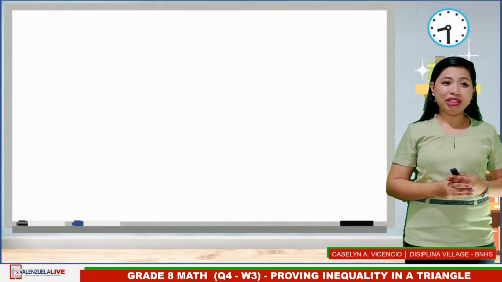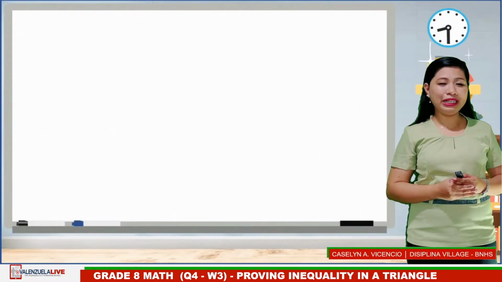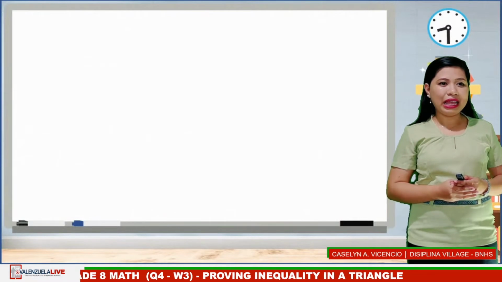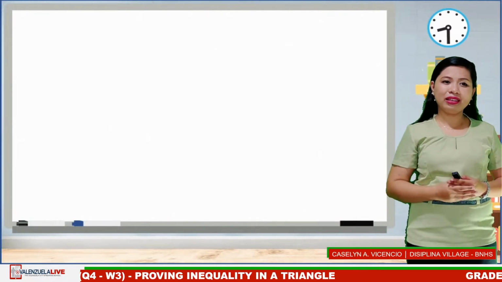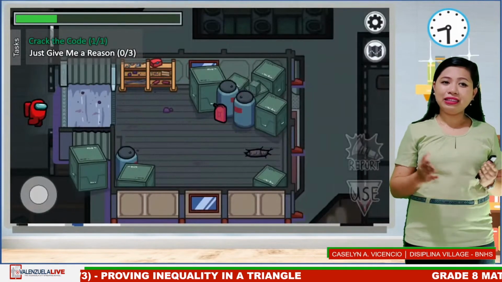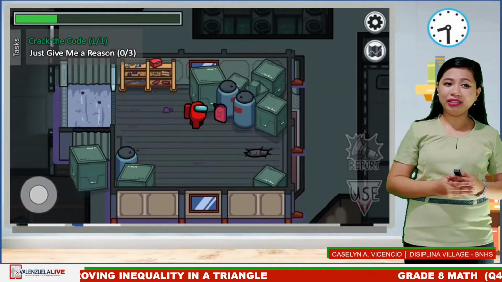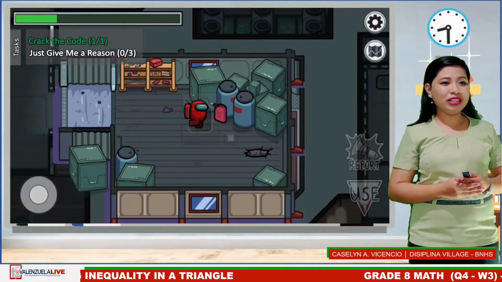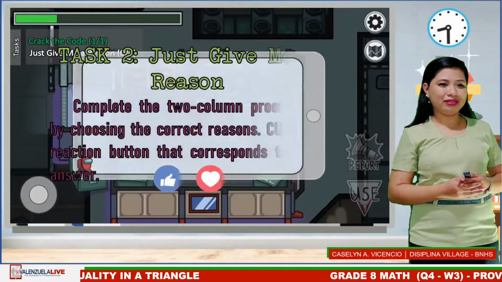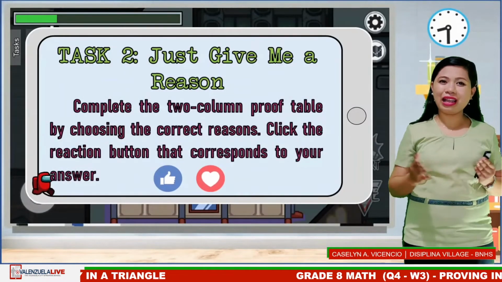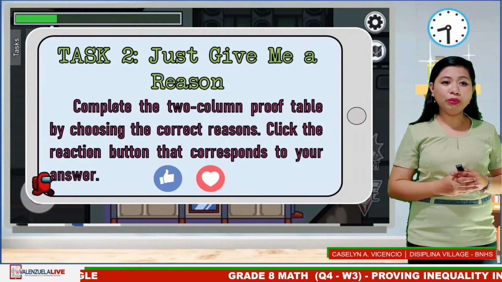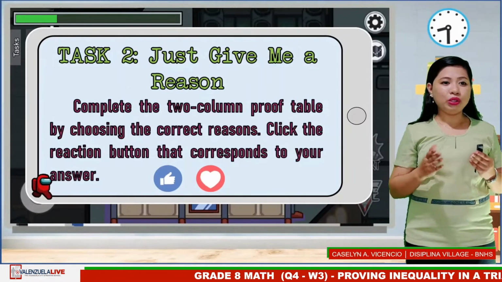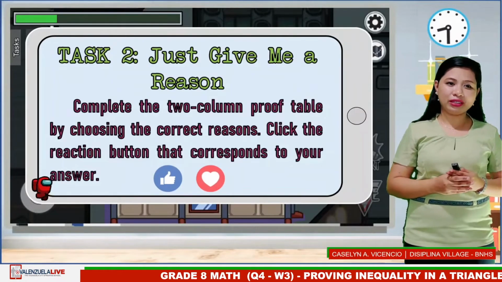After understanding the concept of proving inequality in a triangle, I think you are ready for our second task. This task is entitled, Just Give Me a Reason. Our goal is to complete the two-column proof table by choosing the correct reasons.